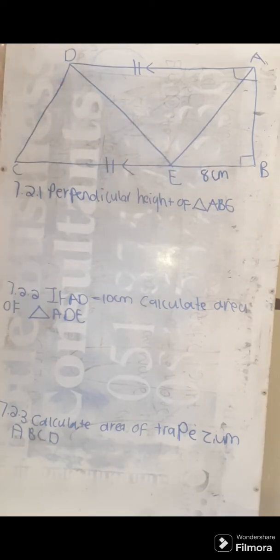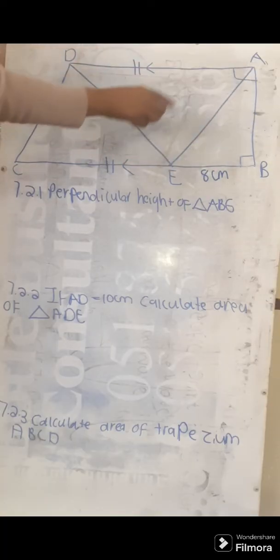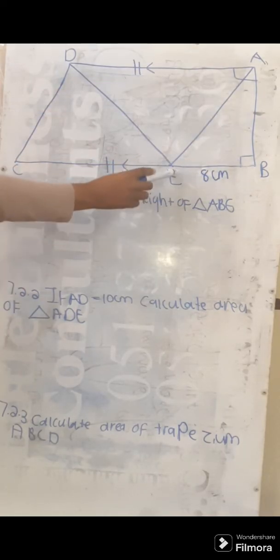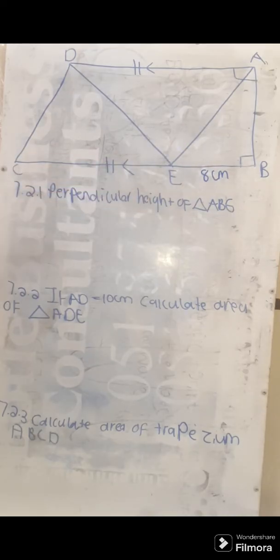We are given that the area of triangle ABE is 16 centimeters squared, as you have seen when I showed the information on screen. So we are going to use the formula of area to calculate this length, because for us to get the area we need AB and EB. So we're given the area.